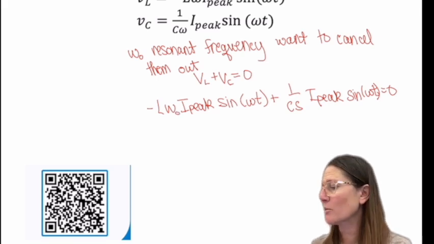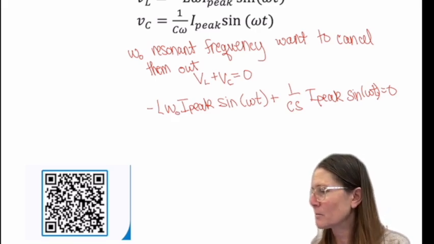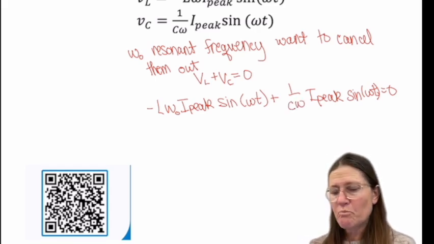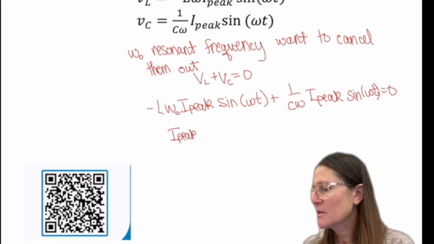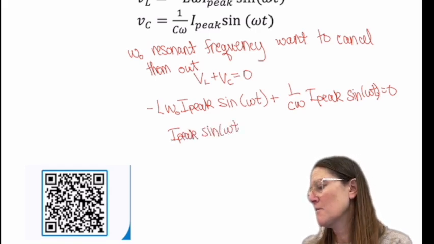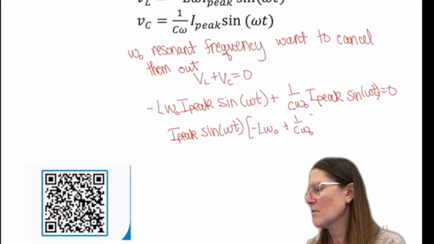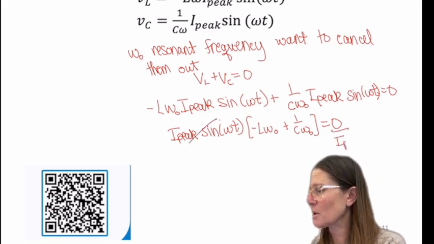So this would be omega naught when they actually cancel out. All right, so we can pull out I peak sine omega t. And then we can divide this 0 by I peak sine omega t, and that's still going to be 0.